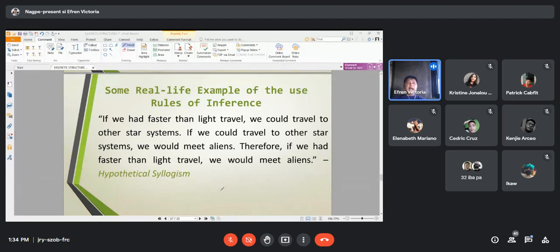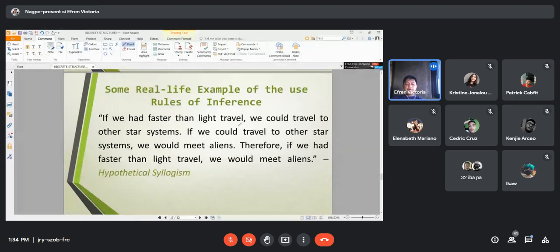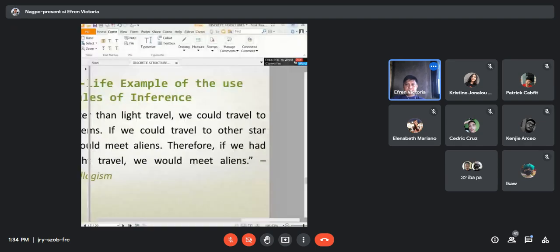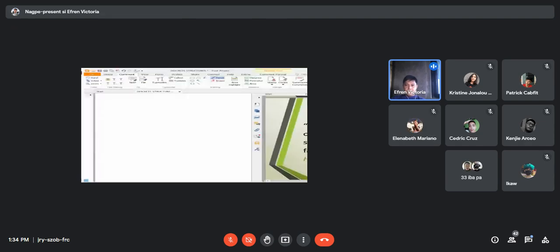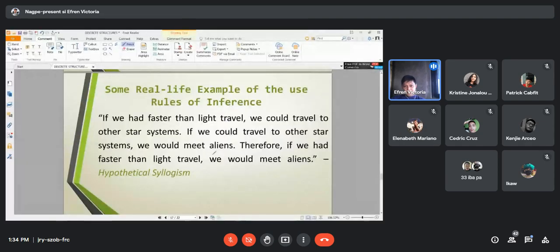So, saan ginagamit? Okay, so for example, if we had faster than light travel, we could travel to other star system. So if we could travel to other star system, we would meet aliens. Therefore, if we had faster than light travel, we would meet aliens.